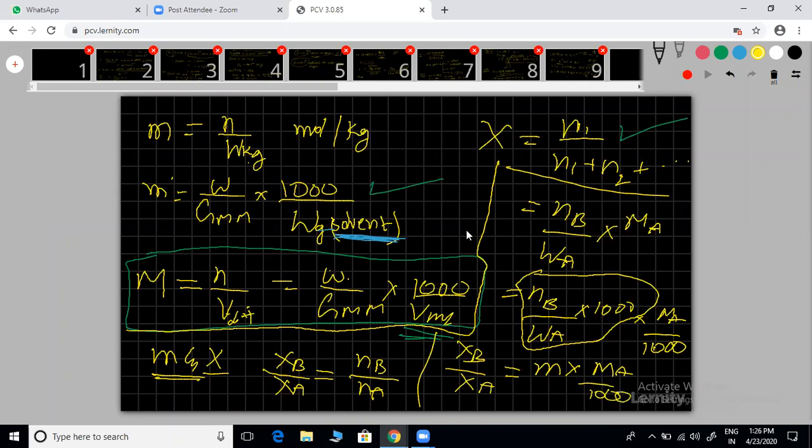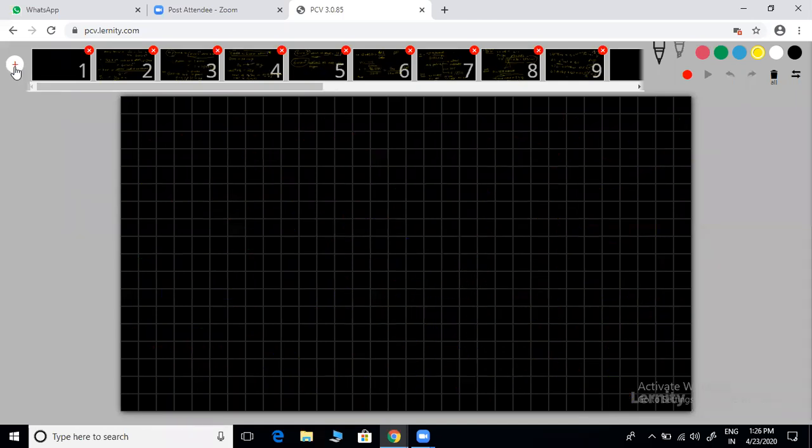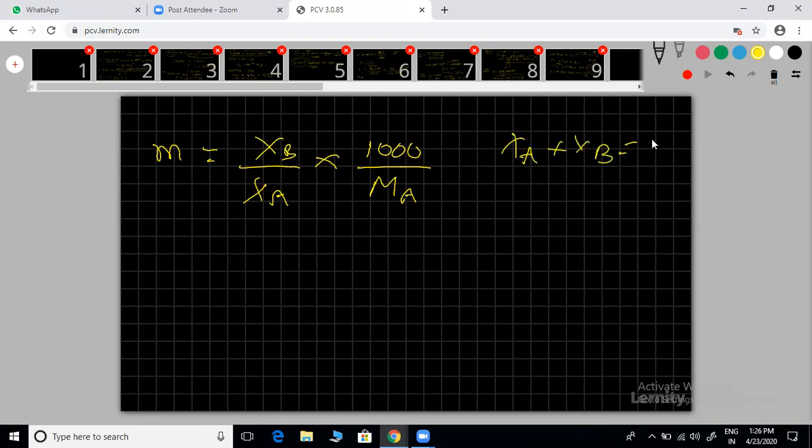So you can rearrange: molality m equals xB by xA into 1000 by MA. MA is the solvent molecular mass. I hope you know that xA plus xB equals 1. You can write in terms of only solute also.